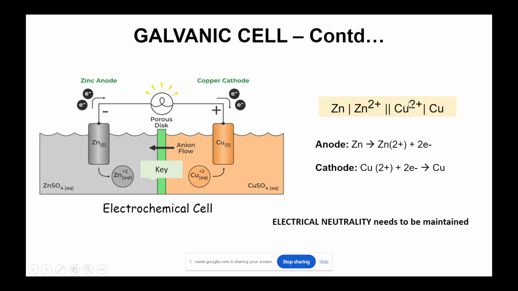You first write the electrochemical reaction that happens in the anodic compartment of the cell, then the interface that separates both compartments, and then the reactions that happen in the cathodic compartment. This is the typical convention for representing the electrochemical cell.